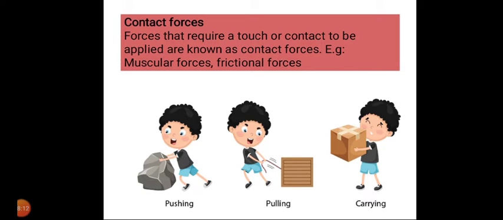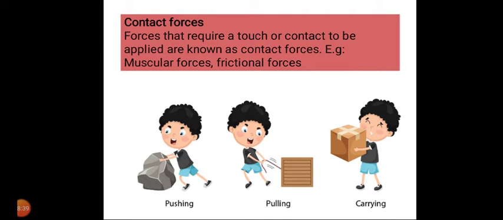Now, what are muscular forces? Muscular force is caused by the action of muscles in our body. The force resulting due to the action of muscles is known as the muscular force. Take the example of pushing, pulling or carrying an object.